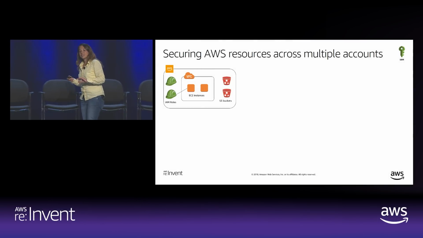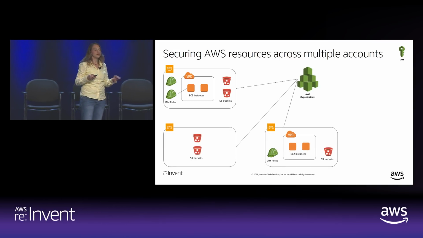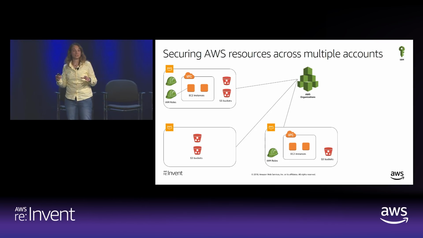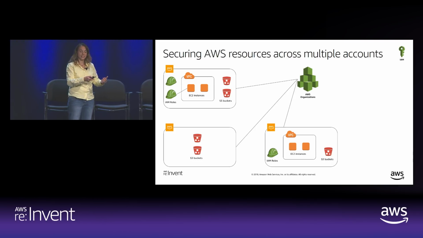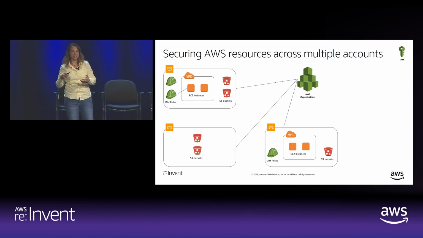But in reality, it's often the case that you're going to find yourself, especially at enterprises, running across multiple accounts. An extremely common use case for running multiple accounts in AWS is just different environments. It's very common to have your production environment in one account, and maybe your development and test environments each in respectively other accounts.